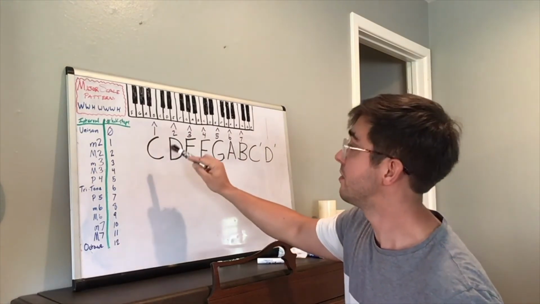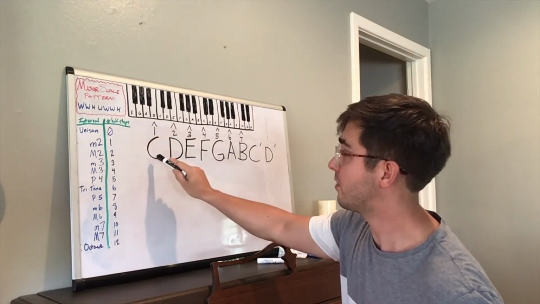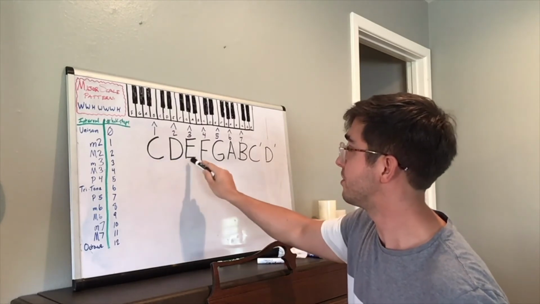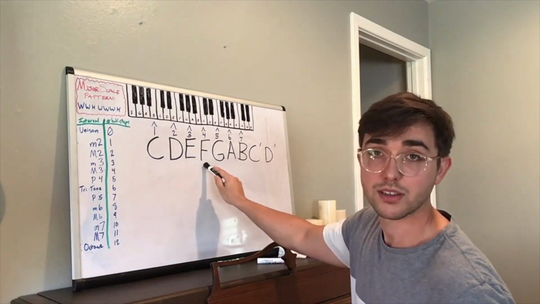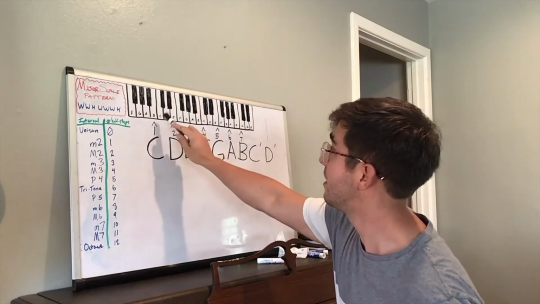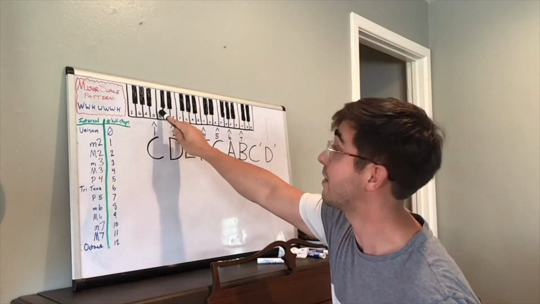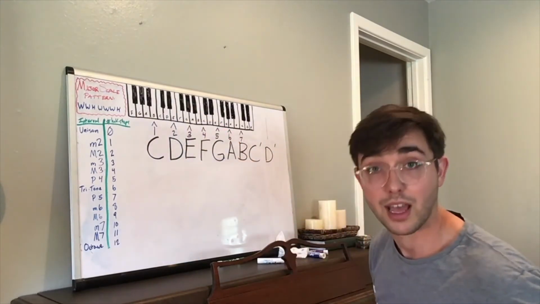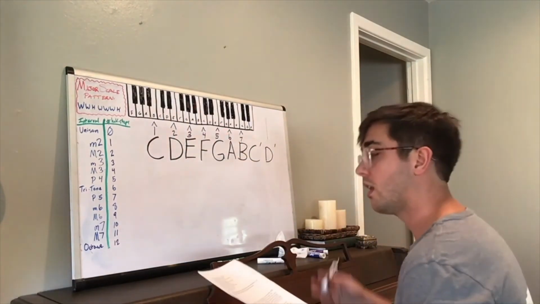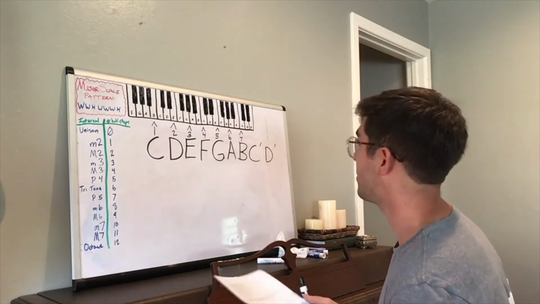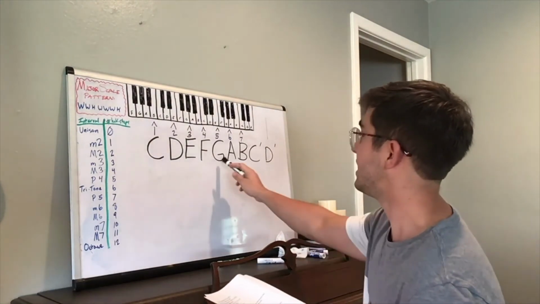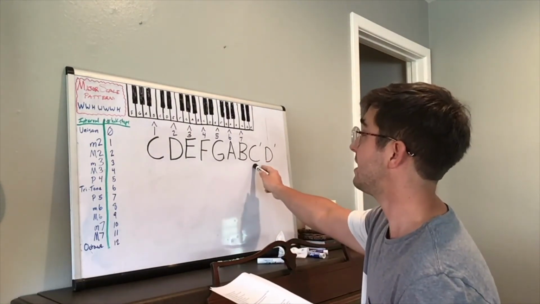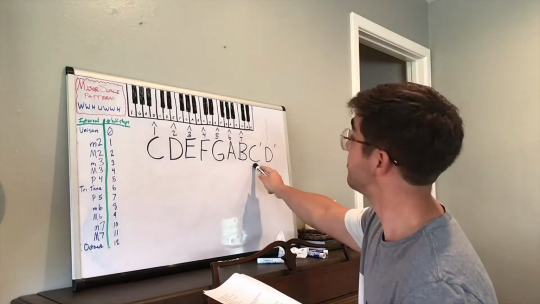So that's why, starting from C, we have a 1, 2, 3, 4. C to F is a fourth. And then from C to F in half steps, we have 1, 2, 3, 4, 5 half steps. So that means it's a perfect fourth. G going up to C is a perfect fourth.